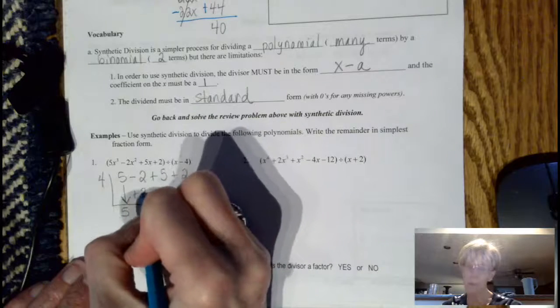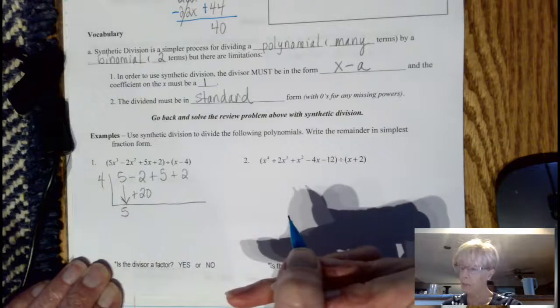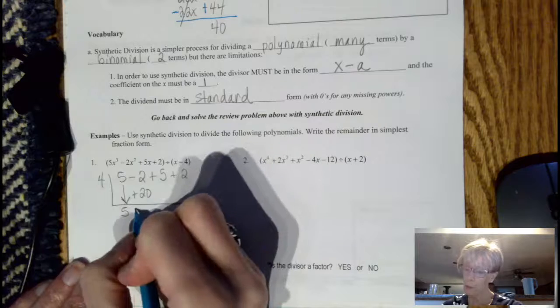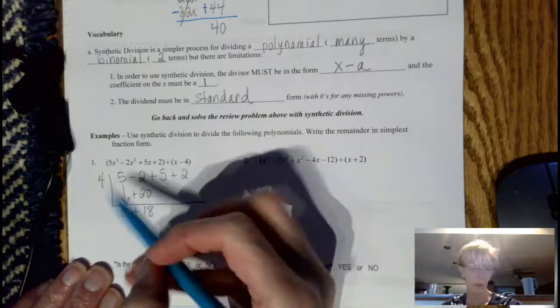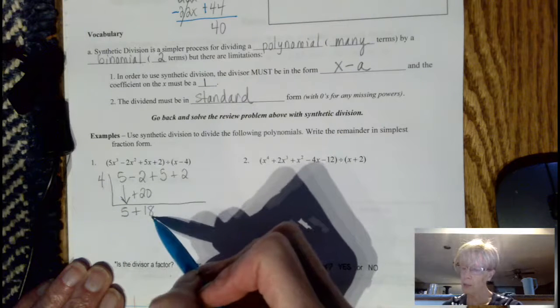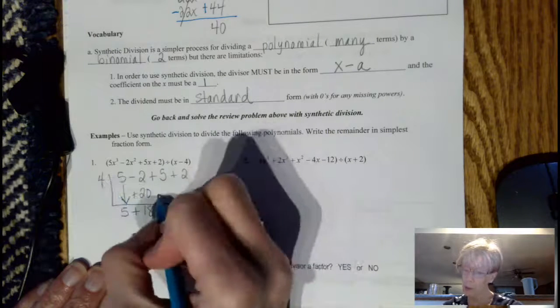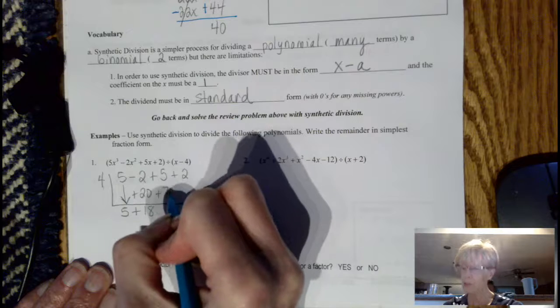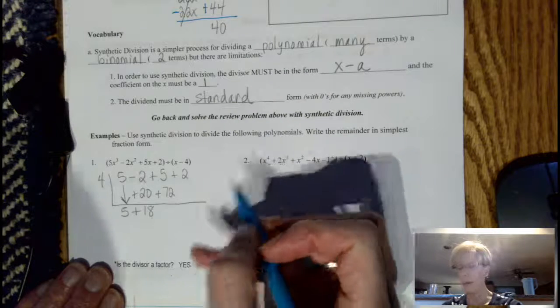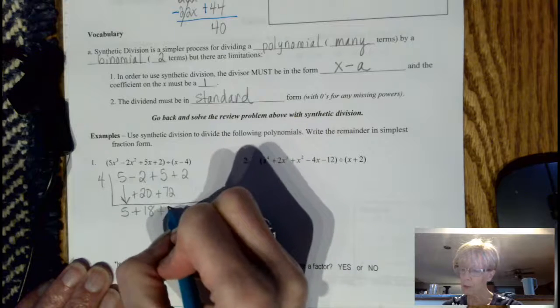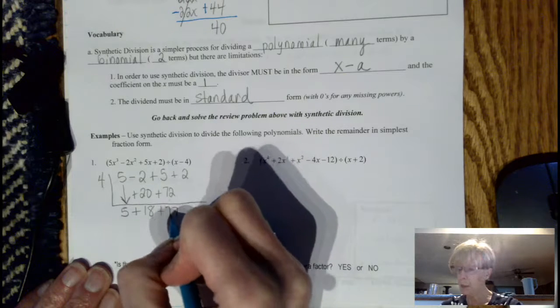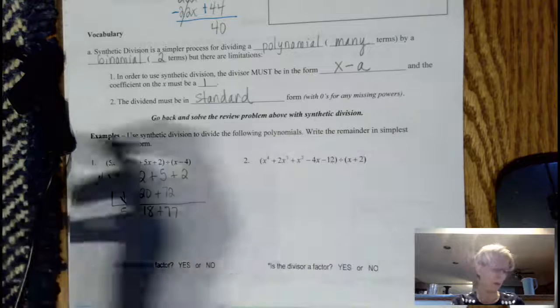Again, synthetic division is limited because we're dividing by x. So if we take the highest degree term, x cubed divided by x, that's going to give us the start of our quotient. So we get 5x squared.